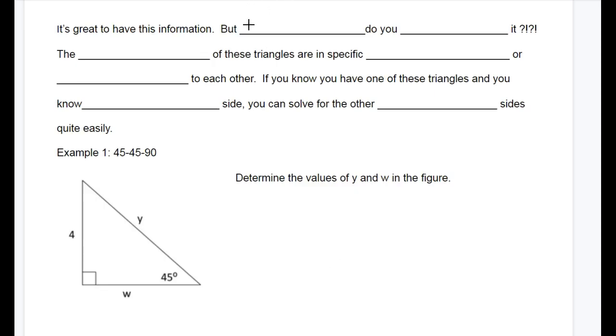This is great information to have, but how do you use it? That's what we're going to talk about here. Essentially, the sides of these triangles are in a specific proportion or ratio to each other.